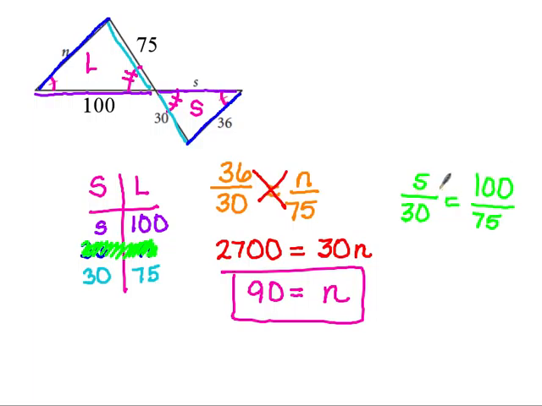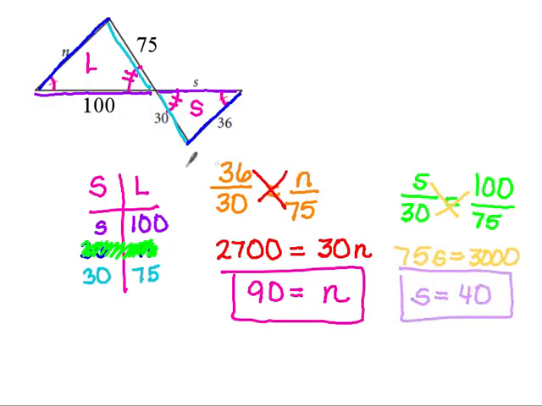So now I have S times 75, which is 75S. And that's going to equal the other side, which is 3,000. Divide both sides by 75, and what do you get S to equal? 40. Questions? The biggest thing, make a chart. That's the biggest piece of advice I can give you.